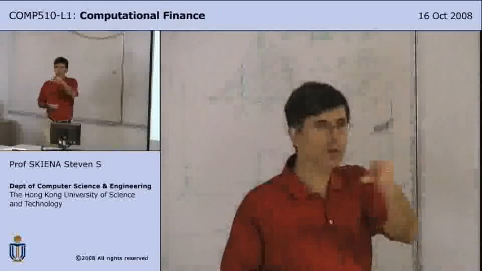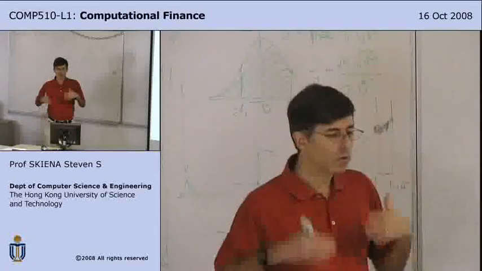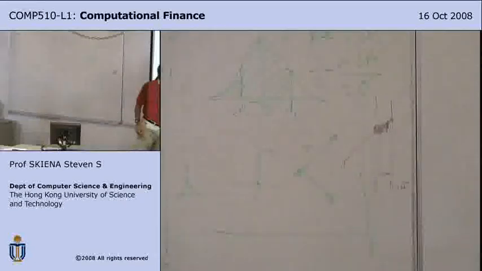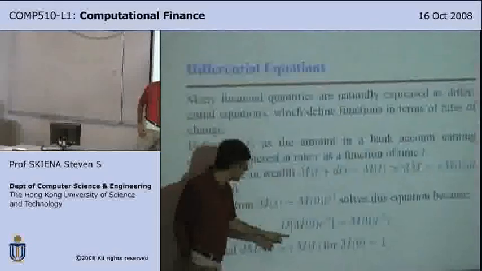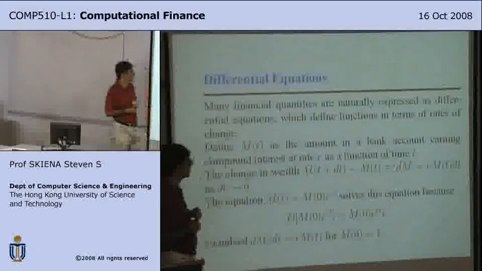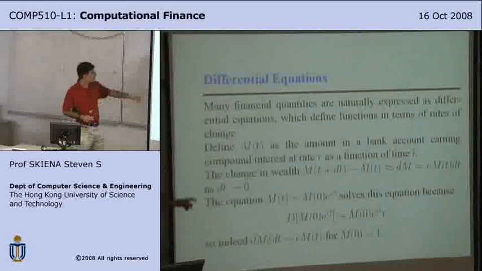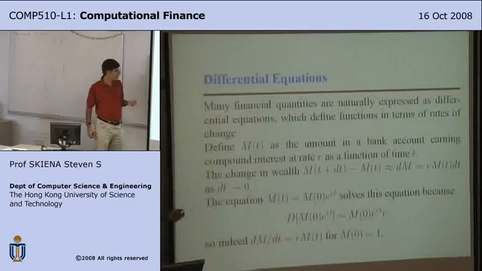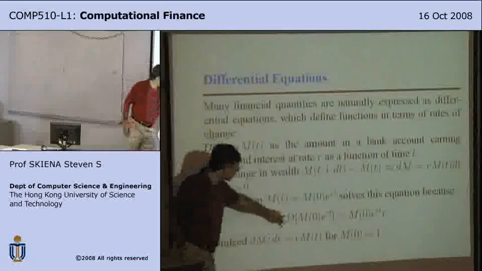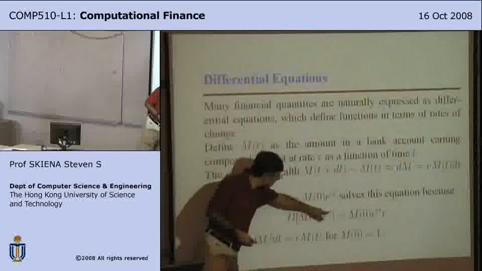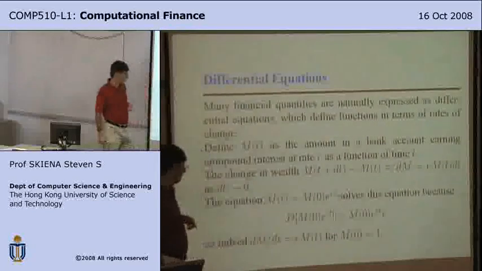Any questions? When you took differential equations, you would have known that the solution to something like that was the function m0, the initial condition, times e to the rt. This equation solves that differential equation. Why? If you take the derivative of this thing, you end up getting the original expression with the interest rate dropped down.